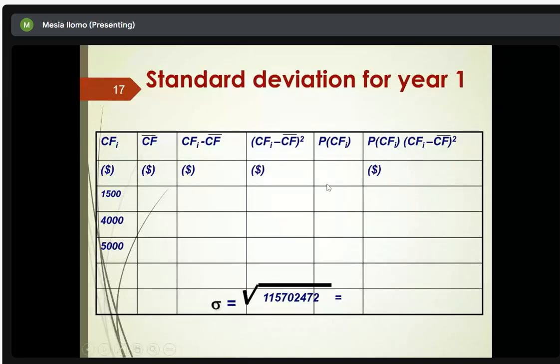And what is going to be here? 0.20. And what is going to be here? 0.30. Okay, and what is going to be here? 0.50.